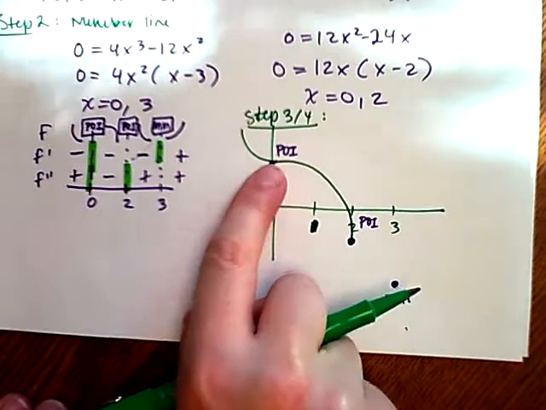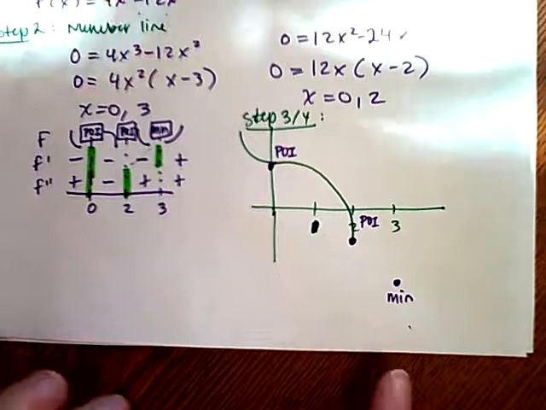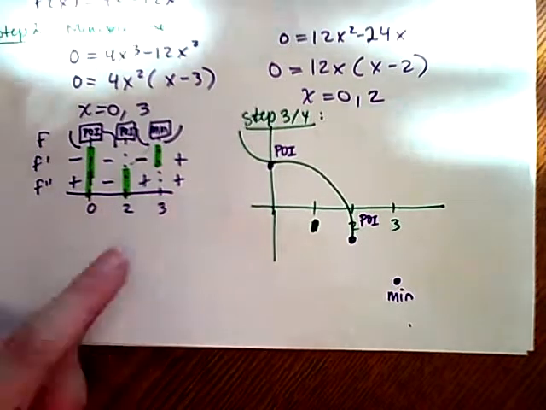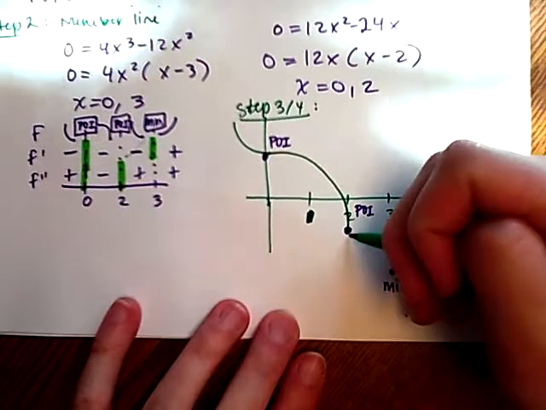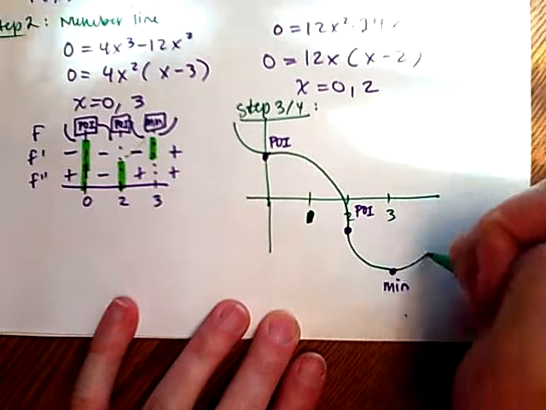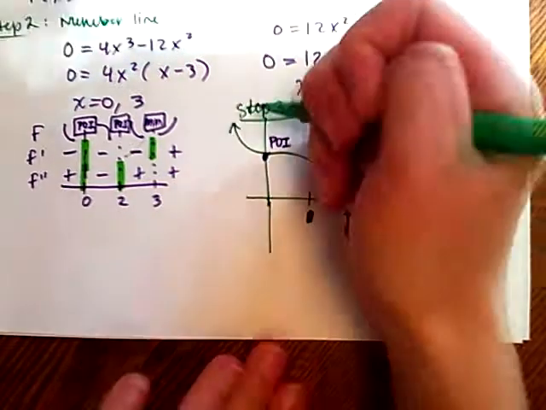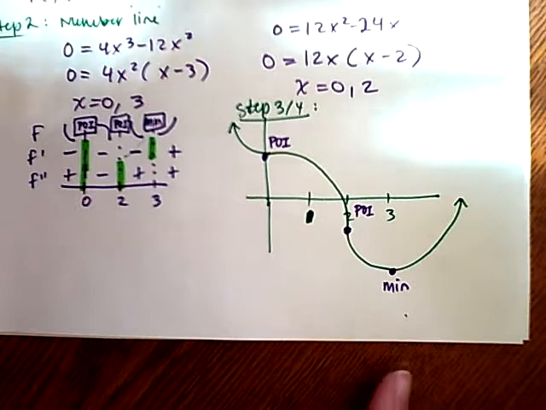And again, this is now a point of inflection where I switched from concave up to concave down. Now at this point is another point of inflection. Now I'm drawing this shaped curve to get down to my minimum. And then lastly, I'm curving up at the end. And there we go.